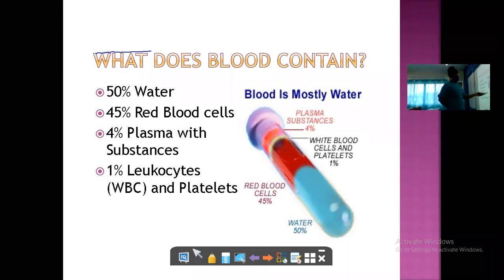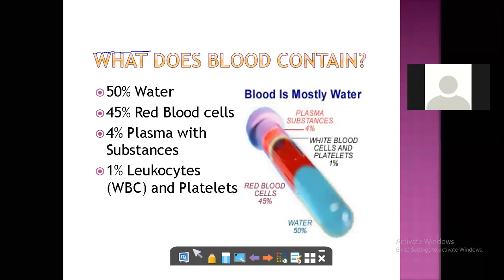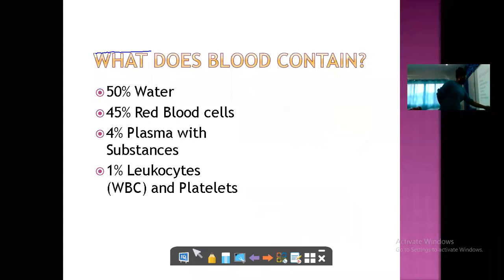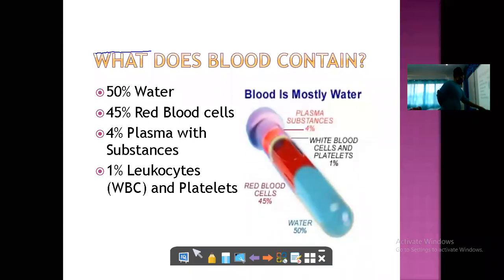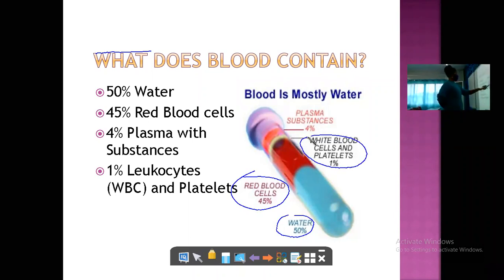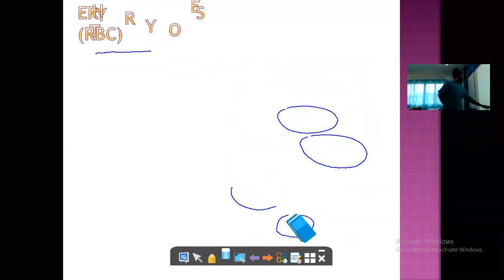If you carry out centrifugation of blood in a test tube like this, then you will have something like this: 50% water on the bottom, 45% red blood cells, white blood cells and platelets, and eventually plasma substances.